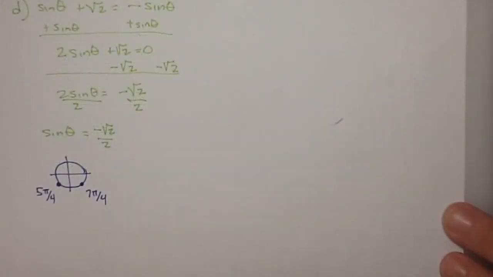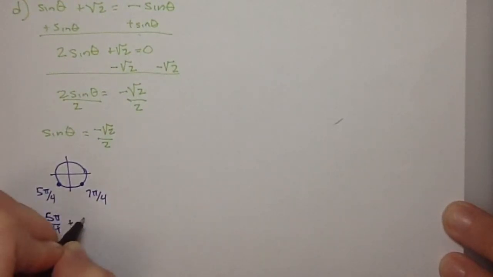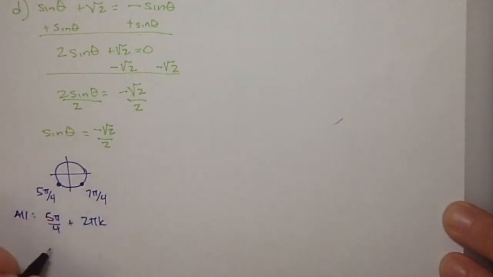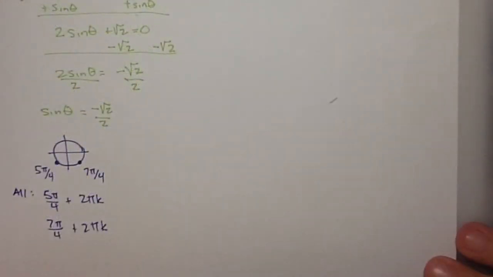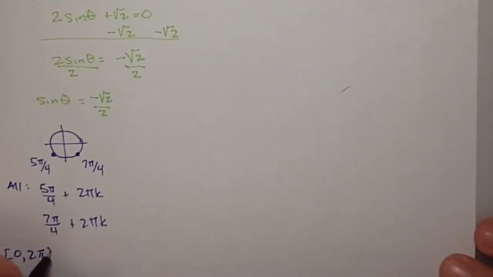Okay, so all solutions then would be 5 pi over 4 plus 2 pi k, and 7 pi over 4 plus 2 pi k. And then solutions on the interval from 0 to 2 pi are only 5 pi over 4 and 7 pi over 4.